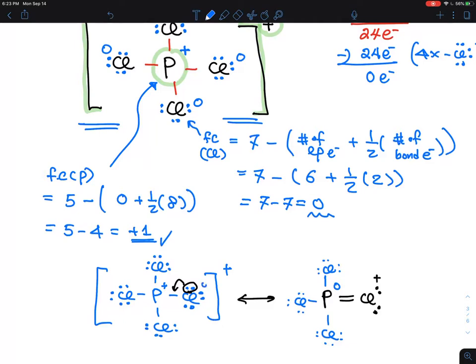No formal charge on the chlorines and the one on the phosphorus in the middle, or the one here? Chlorine is known to be an electronegative atom. They like electrons, but you are making this one electron deficient. So this one is very unstable. They are not happy, they are very mad, like, I need more electrons, and you take the electron away from me. So this is not a good scenario.